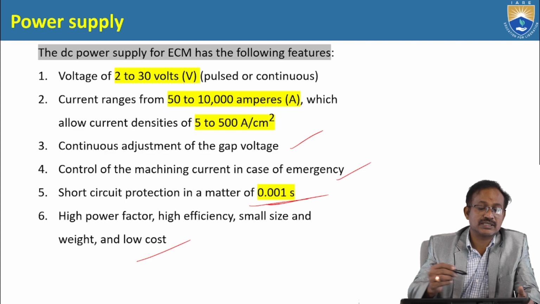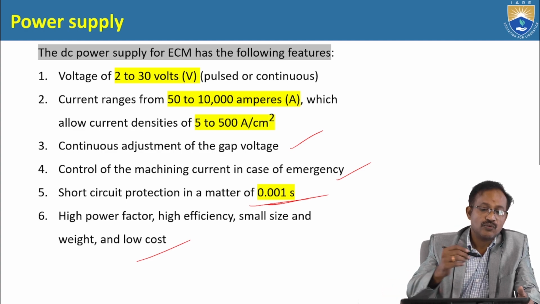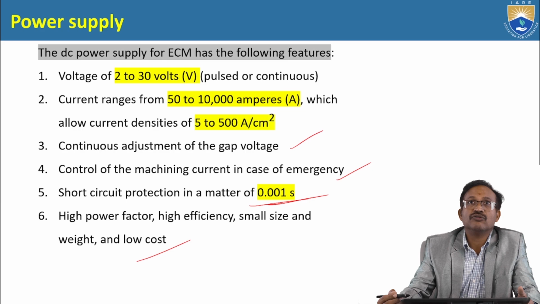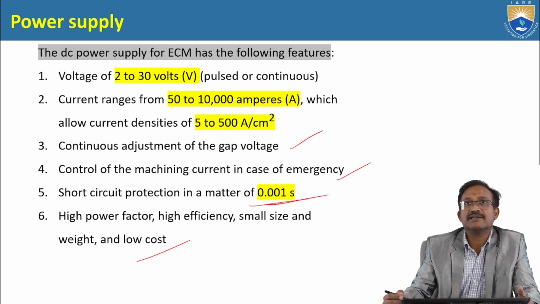Let me reiterate these power supply parameters. Voltage of 2 to 30 volts, it may be pulsed or continuous. Current 50 to 10,000 amperes, and current densities 5 to 500 amperes per square centimeter.